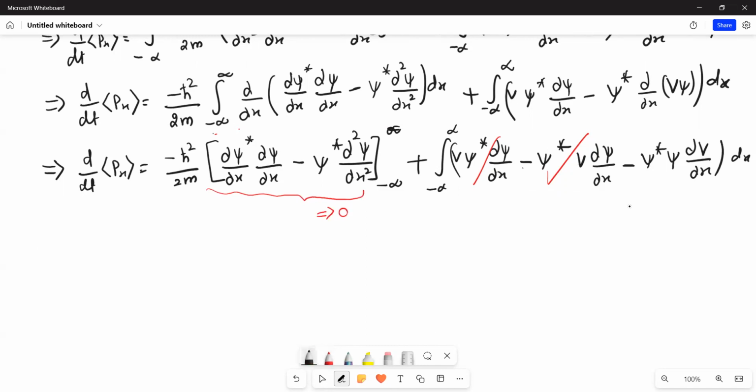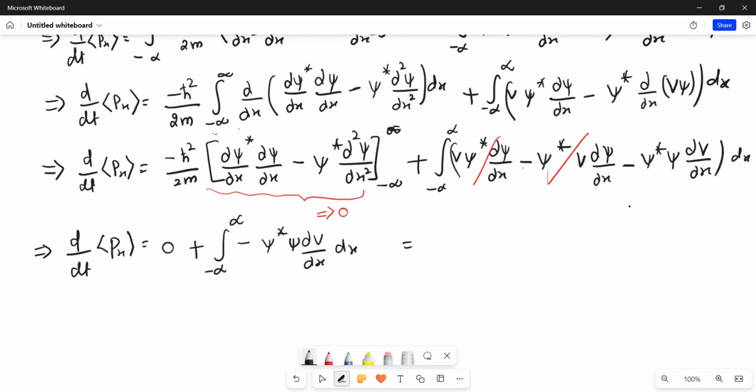Hence, this equation becomes d by dt of the expectation value of px: the first term completely becomes 0, plus the remaining integral over minus infinity to plus infinity with a minus, so minus psi star psi dou V by dou x into dx.